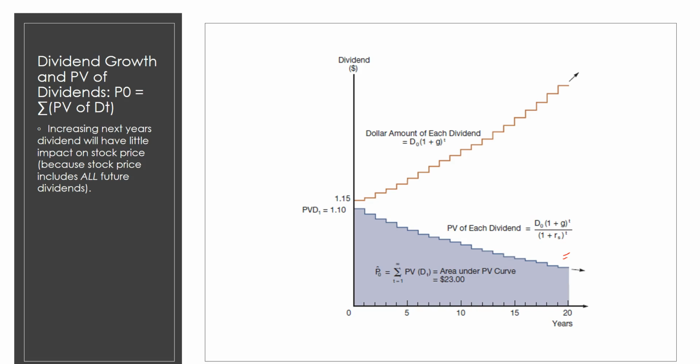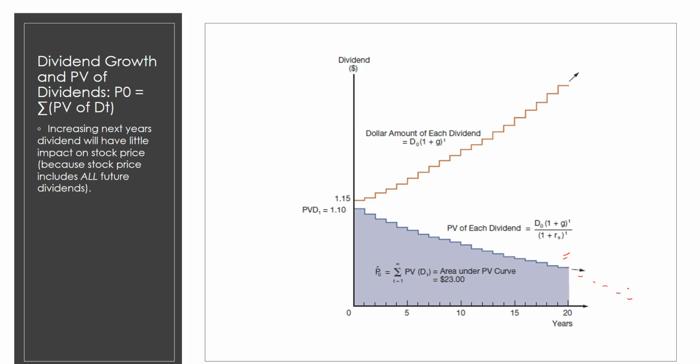So the sum of the present value of future dividends is the stock's intrinsic value. It assumes that there are an infinite number of time periods, but most of the value is based on dividends during a finite period of time, because each additional dividend has a smaller impact on the price today.